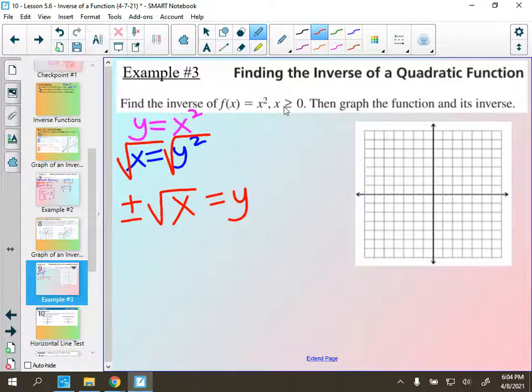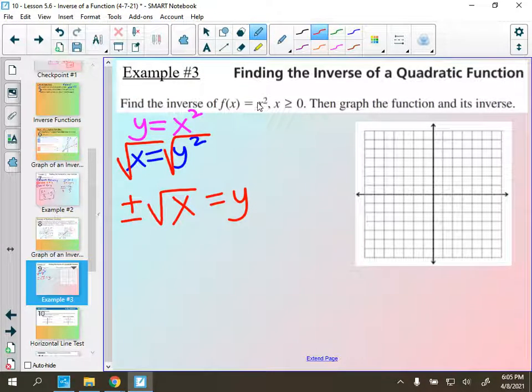Here's where this factors in right now. Because this is a domain restriction, it's saying this function exists, but only for x's that are greater than or equal to 0. That also means that if the domain is restricted, the range is restricted. So the range is also numbers greater than or equal to 0. Remember what we said: the range of this one becomes the domain of the inverse.